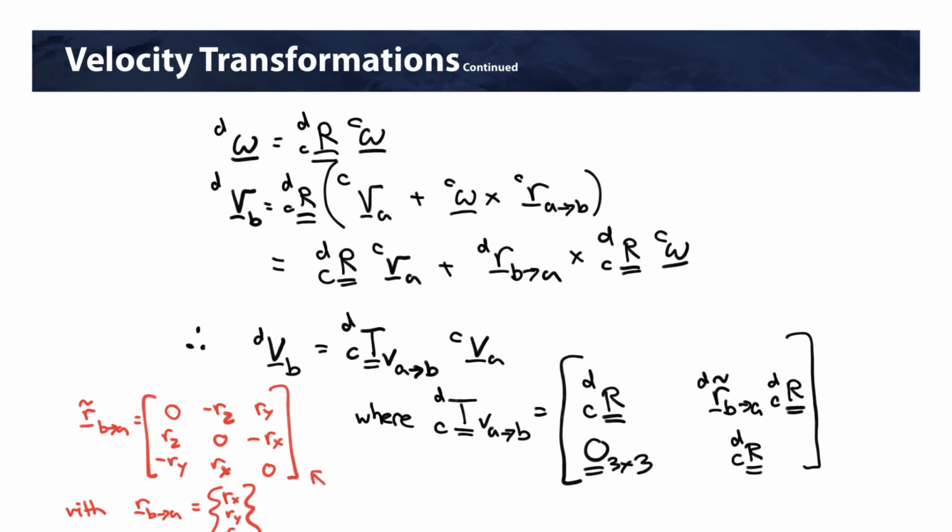All right, so this is a skew symmetric matrix that allows us to do the cross product.